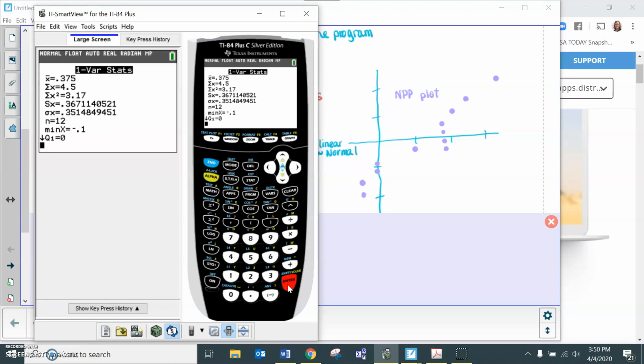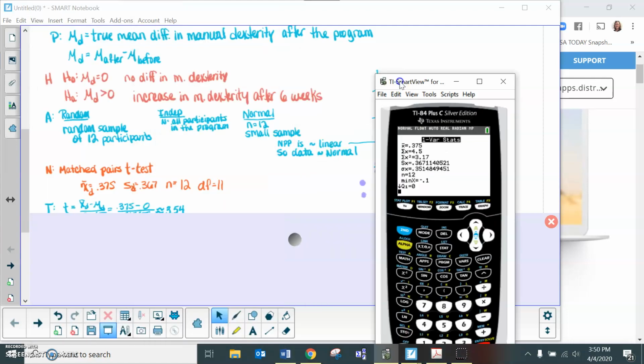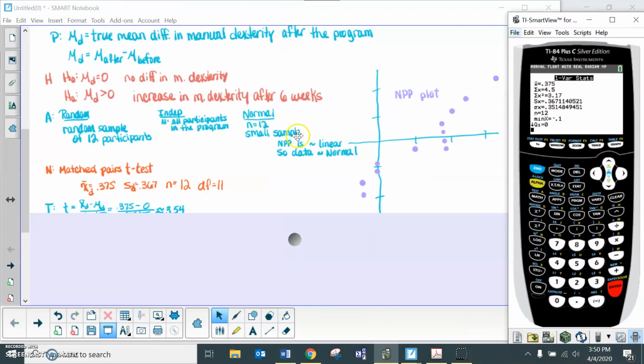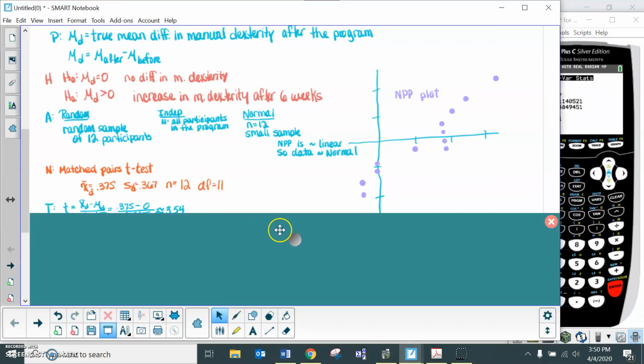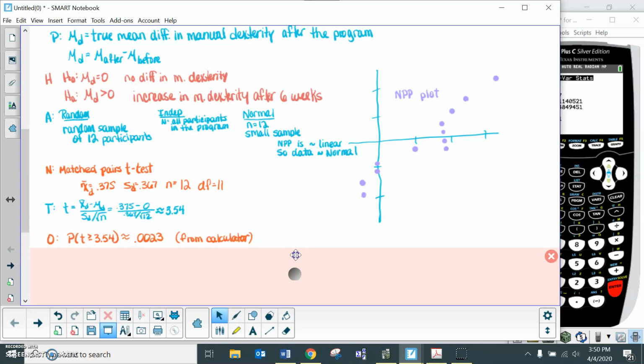So I've got a mean right here. I've got a standard deviation right here. My n is 12. That all looks lovely. All right. So next up, let's keep going down our list here. Oh, look at that. So next up, I'm going to calculate my t-score.